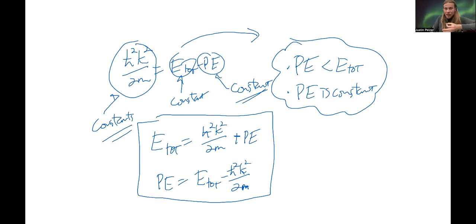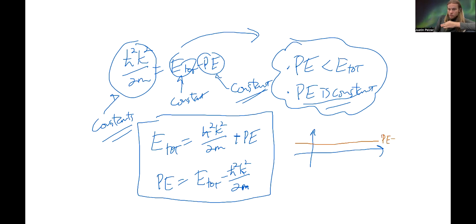So this is a constant potential energy situation. And remember, a constant potential energy situation, if I were to graph it, so this is like what we do, right? I graph a constant potential energy. The slope of potential energy is zero, which means the force, which is the negative slope of potential energy, is also zero.